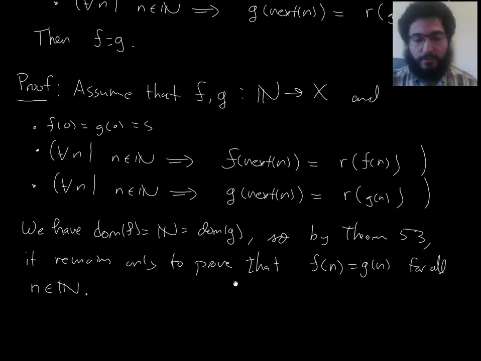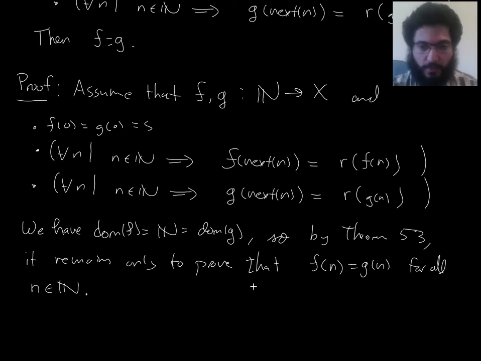Now, when you want to prove that something is true for all natural numbers n, you should always consider that induction might be a better way to do it. And in this case, it definitely is, considering the nature of the information we have about these functions. We have information about how f of next of n is related to f of n. This is just screaming induction, in order to prove anything about f of n.